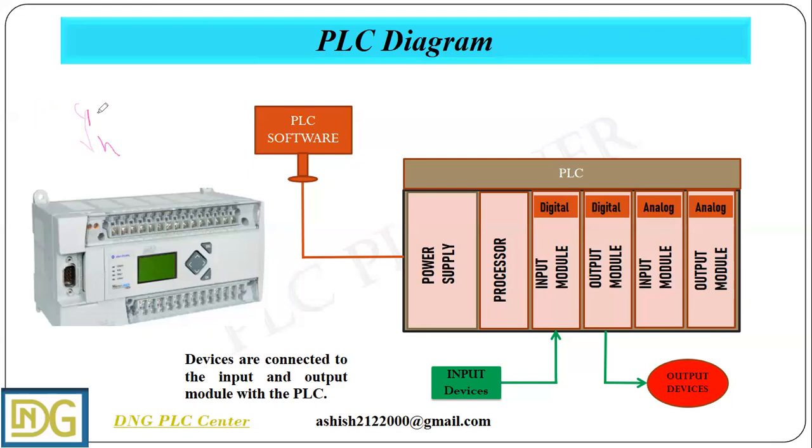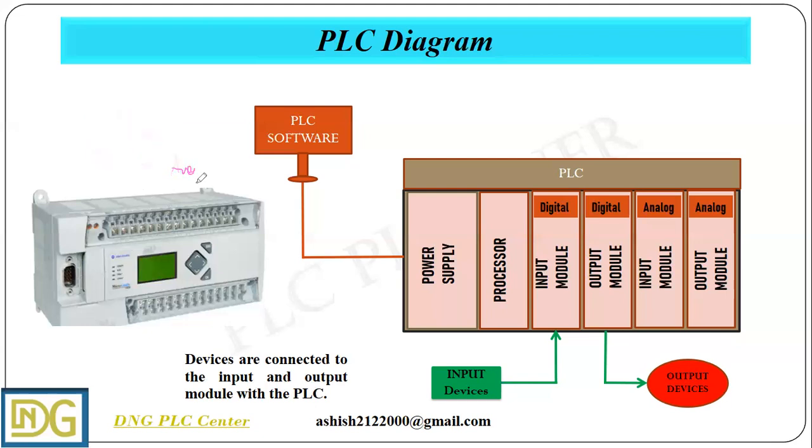Like we have used a 16 input 16 output PLC, and a 32 input and output PLC. It is the number of terminals. If you buy a 12 input and output PLC, you get 10 digital inputs and 2 analog inputs.